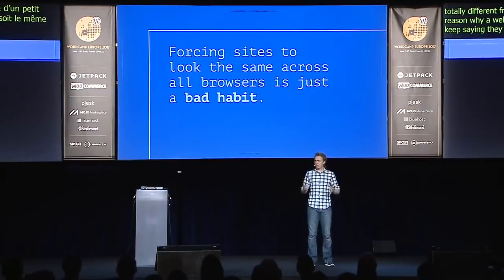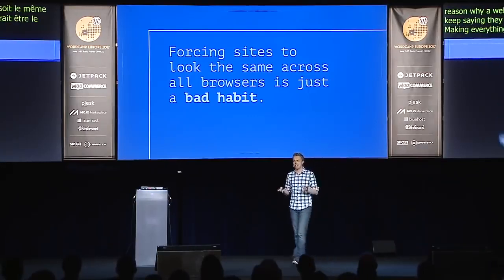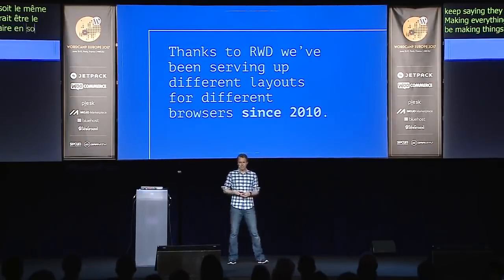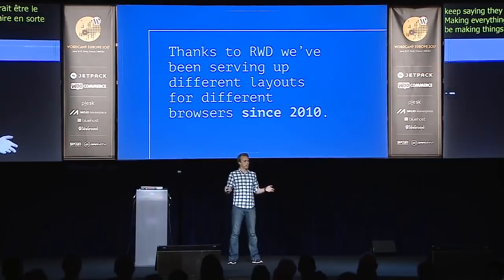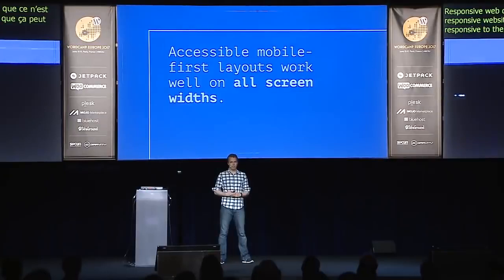Making everything look the same across all browsers is a bad habit. We should be making things look the best they can on whatever browser they're supported in. Responsive web design allows us to do this. We just need to migrate from saying responsive web design is only about the width of a screen, to also saying we can make it responsive to the age of the browser. Accessible mobile-first layouts work well on all browsers.